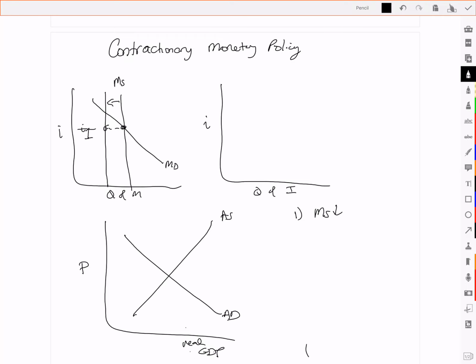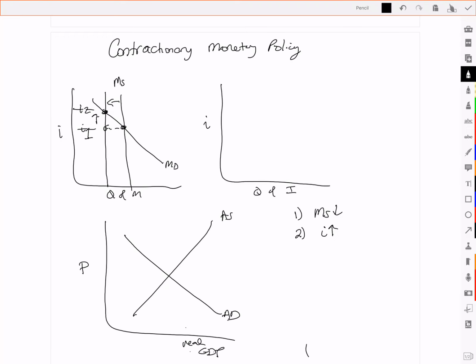So there's a shortage of cash, and if there's a shortage of cash, we start liquidating our investments. So we're going to sell our bonds and mutual funds and pull money out of the savings account. And when we do that, it's going to cause interest rates to go up, to a point here we'll call I2.